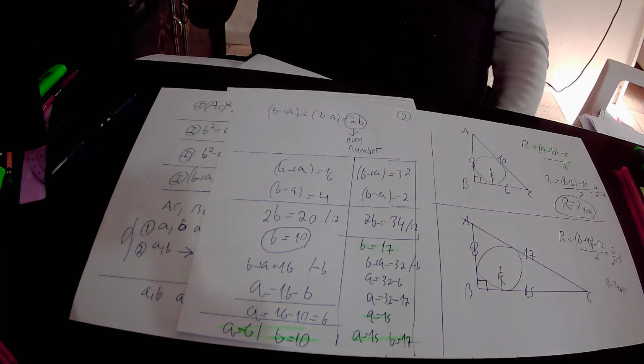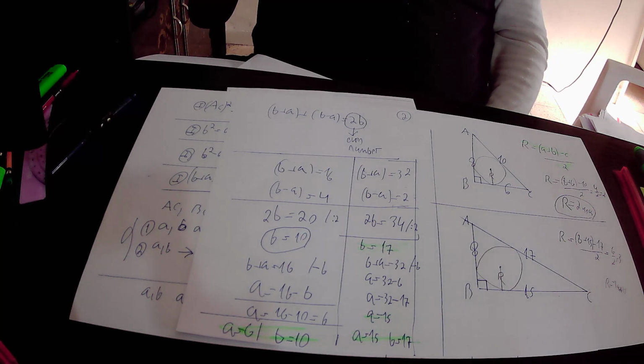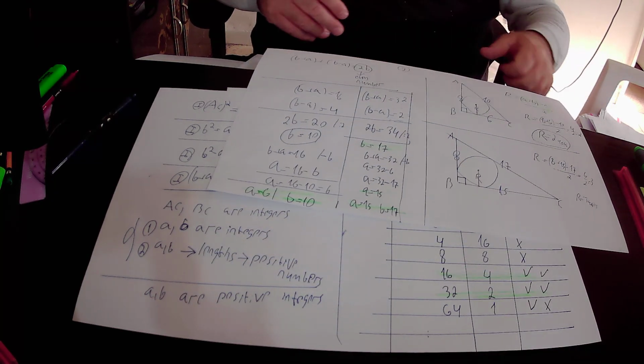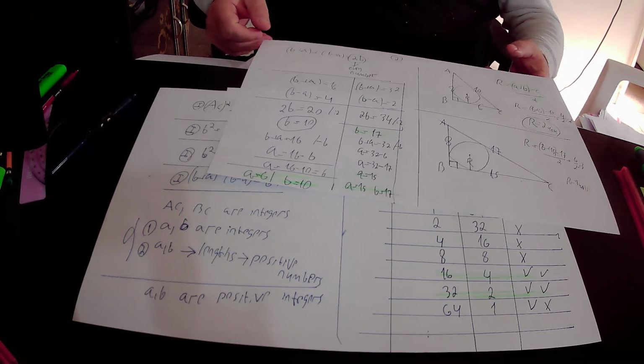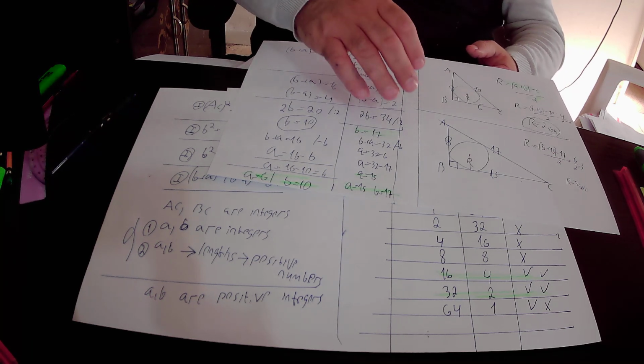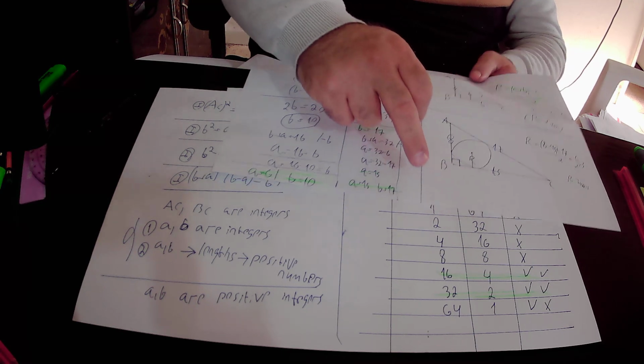So I actually found out that when we add the two numbers together, the result must be an even number. So we'll take only the possibilities that will give us an even number when we add the two numbers together.